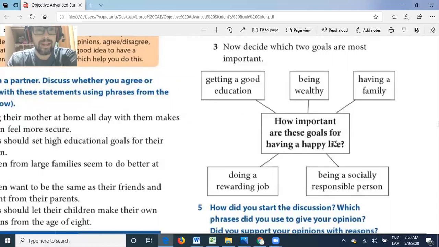So in this case, if this were the real test, we can just say, well, for me, it's very important getting a good education because, or it's important being wealthy because. So you can continue talking about how important these parts are.